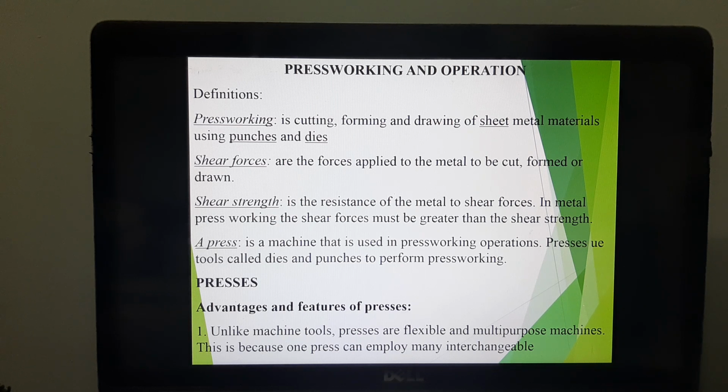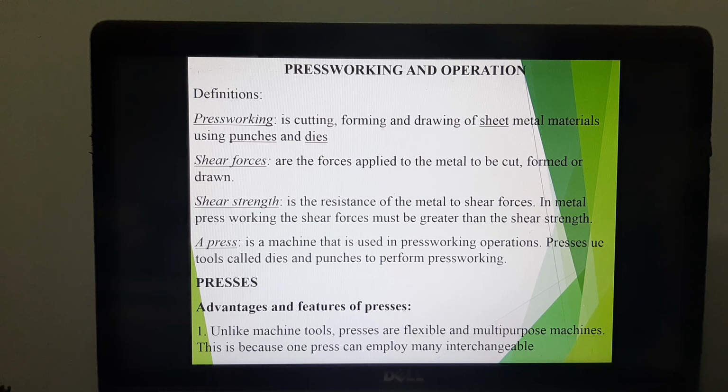So you generate a lot of frictional force, and you need that shear strength, or cutting strength, to overcome the material. In press working, the shear forces must be greater than the shear strength of the material, meaning the force you apply has to be greater than the ultimate strength of the material. Otherwise, you cannot machine the material.